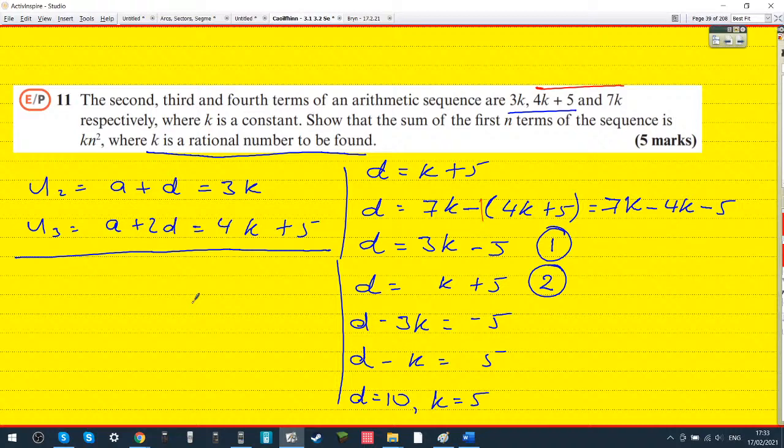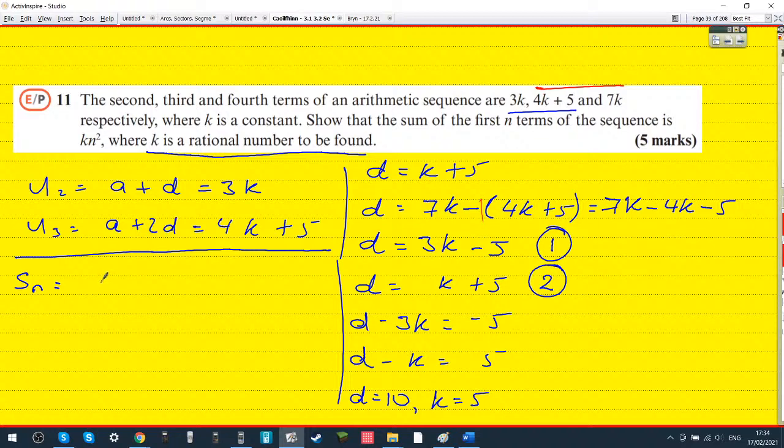So S of n equals n over 2. Wait, no. Let's see. So we have D, we have K. Any ideas?